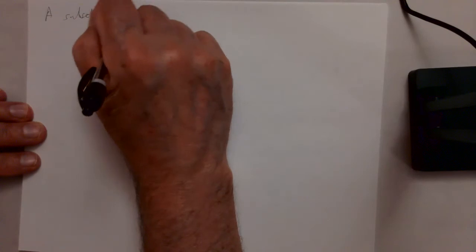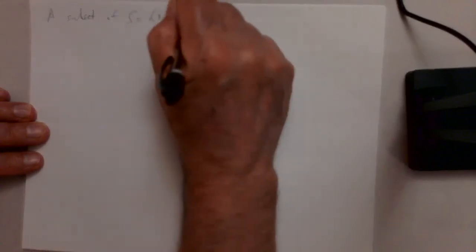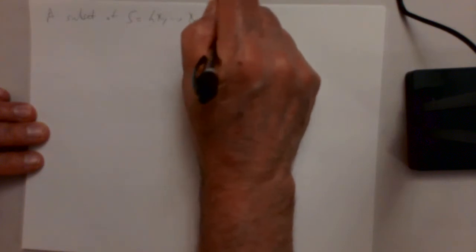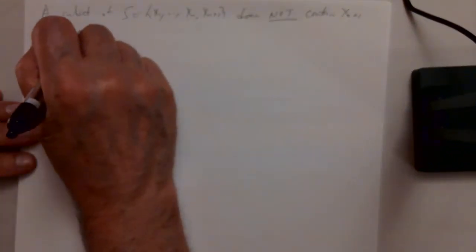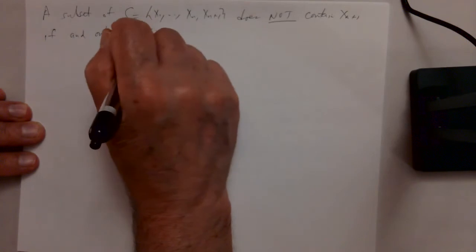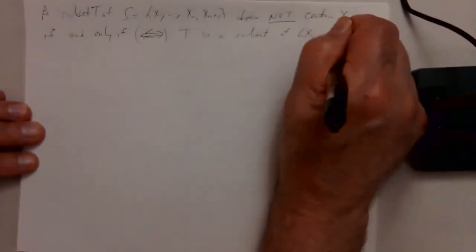A subset of this set S of the elements x1 up to xn plus 1 does not contain xn plus 1 if and only if, we write that as this double-headed arrow, if and only if, say, subset T of S doesn't contain xn plus 1, if and only if T is a subset of x1 up to xn.